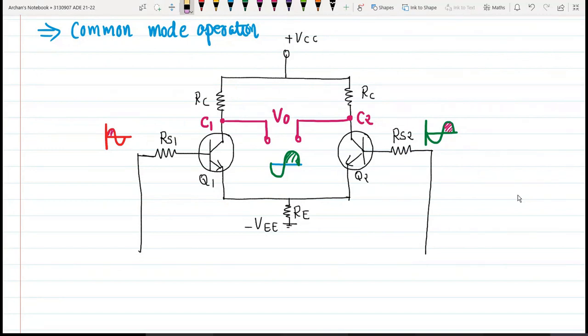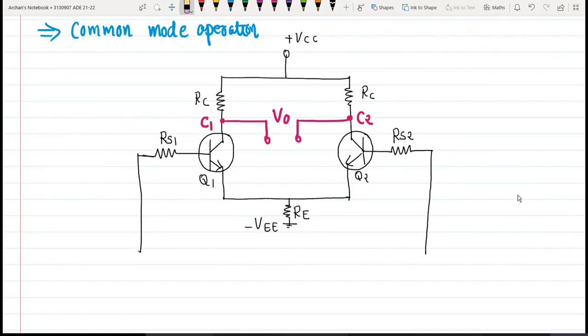So let us forget about all these inputs. We are going to consider one more input. As we have discussed, in this mode the signals which are applied to the bases B1 and B2 of transistors Q1 and Q2 are equal in magnitude as well as in phase. So they are not 180 degrees out of phase.